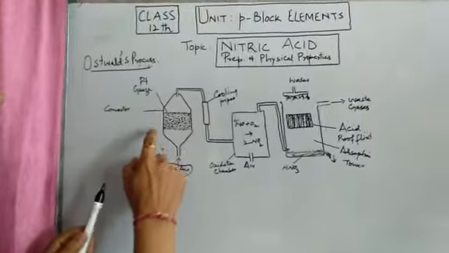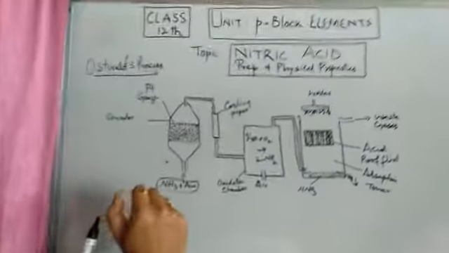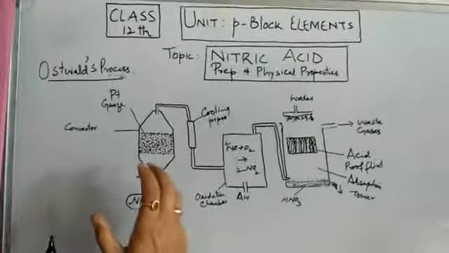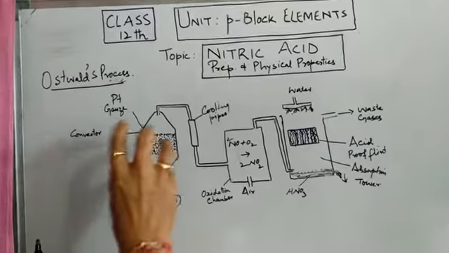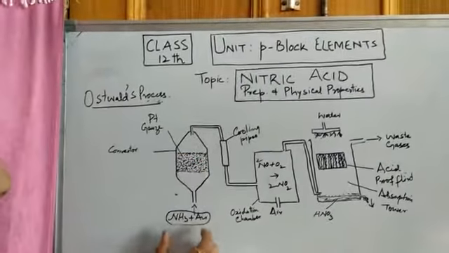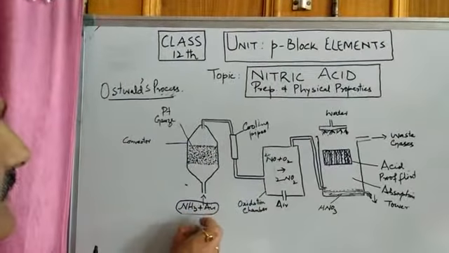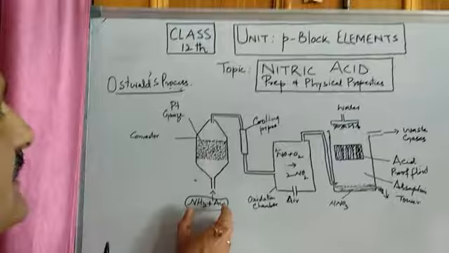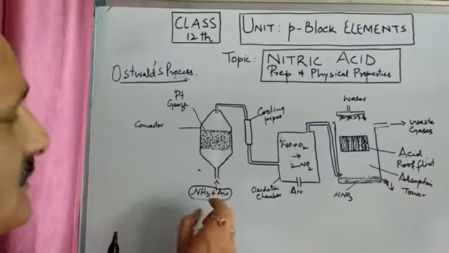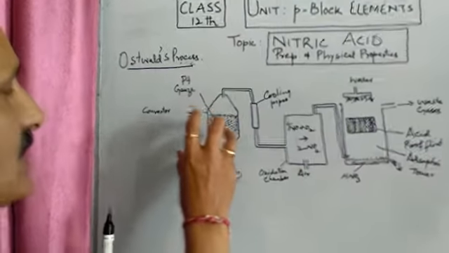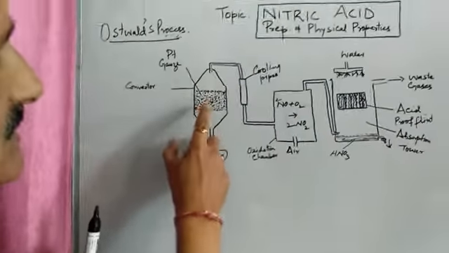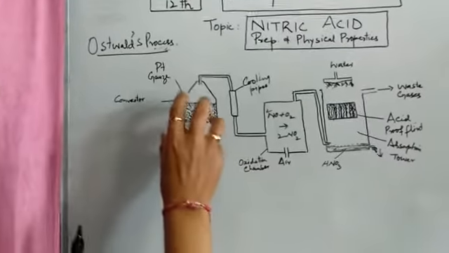This chamber is known as converter. Why converter? Because in this very chamber, this mixture will get converted into nitric oxide. So since nitric oxide will be formed in this, we call this chamber converter.